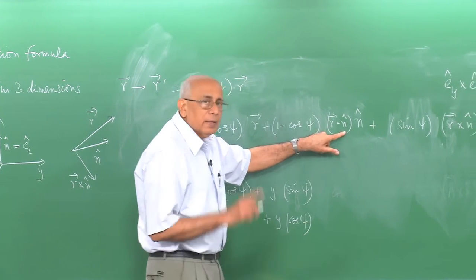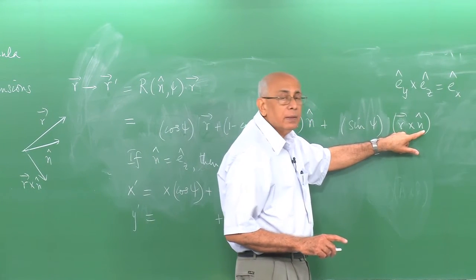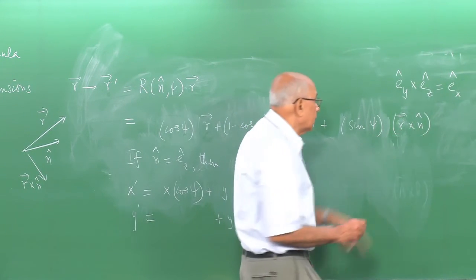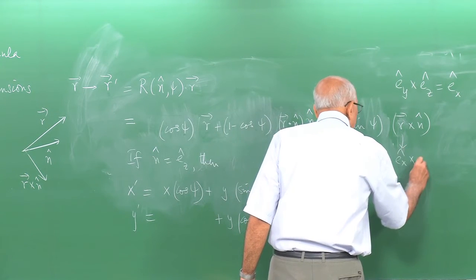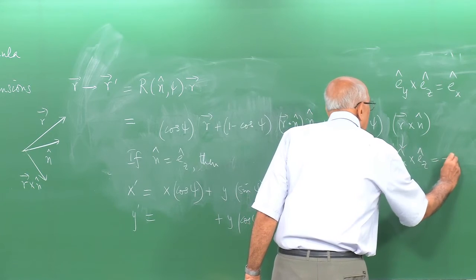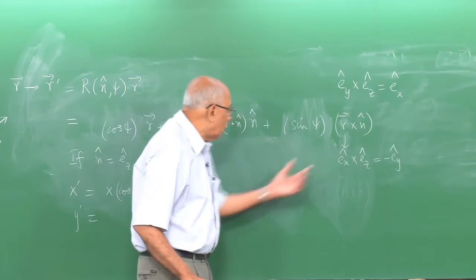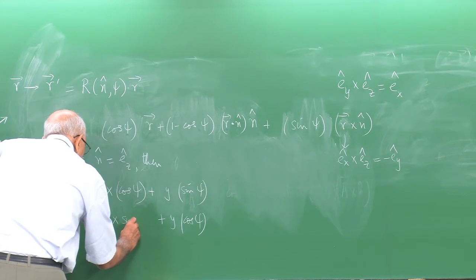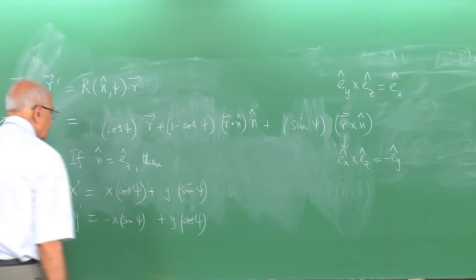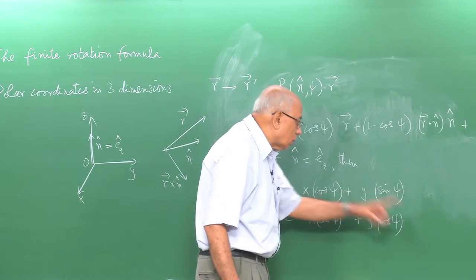Ey dot ez is 0 once again, and then ey cross n is going to give me the x component, so it's the x component that's going to give me a y, and therefore this is minus, and there is no z here.